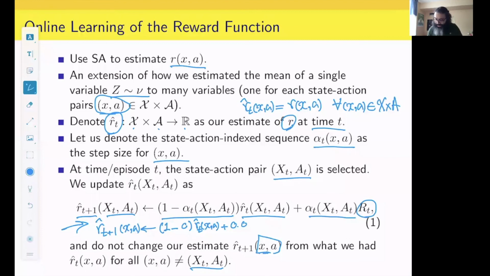So here, the learning rate alpha t at that time step is equal to 0 for those state action pairs that are not selected.